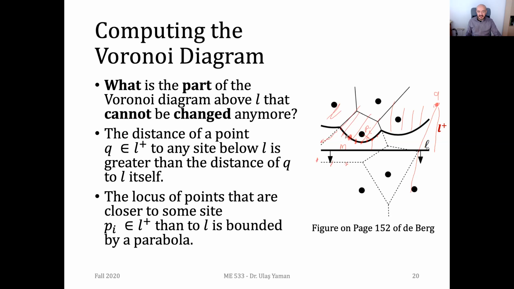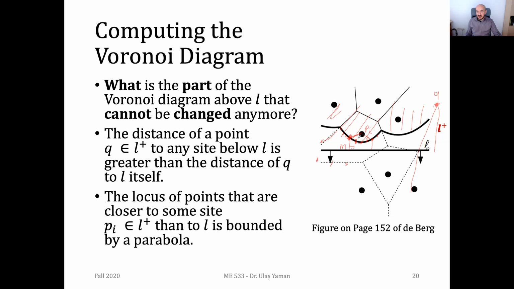The locus of points which are closer to pi will contribute to this parabola. If you focus on a single point M, the distance of M to pi is equal to the distance of M to L. That should be the same, since they are on the boundary.